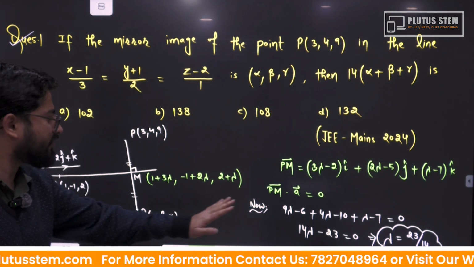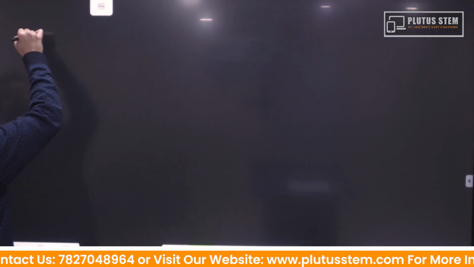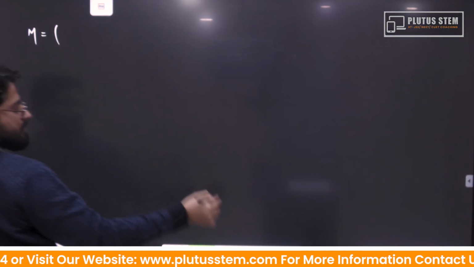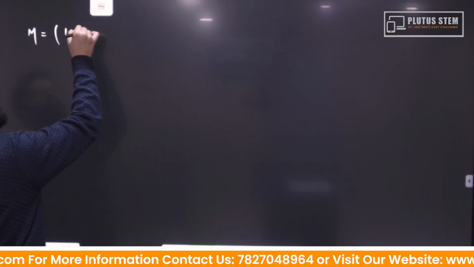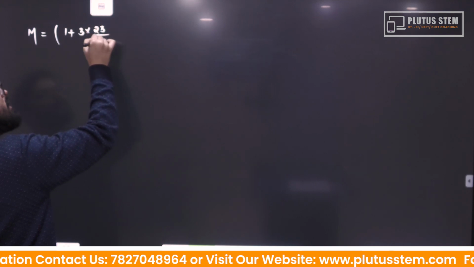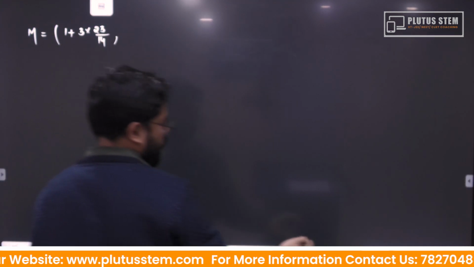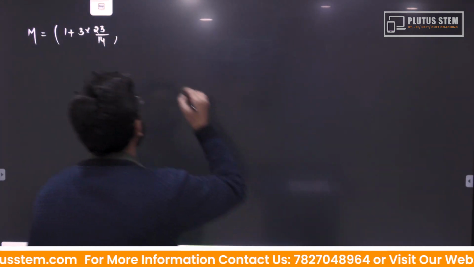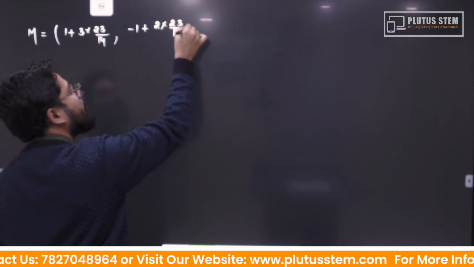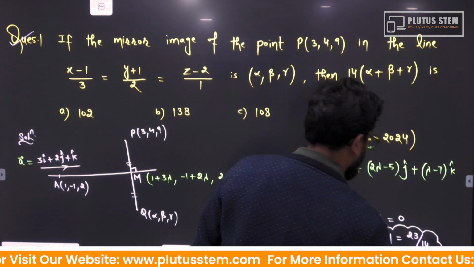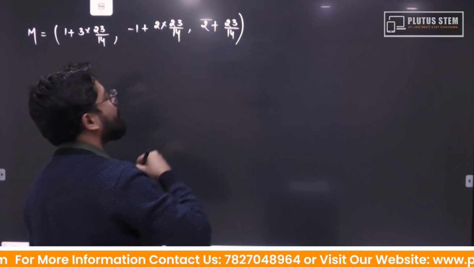Next, since you are given lambda, you can find the coordinate of M. Coordinate of M is 1 plus 3 into 23 by 14, comma, minus 1 plus 2 into 23 by 14, comma, 2 plus 23 by 14.